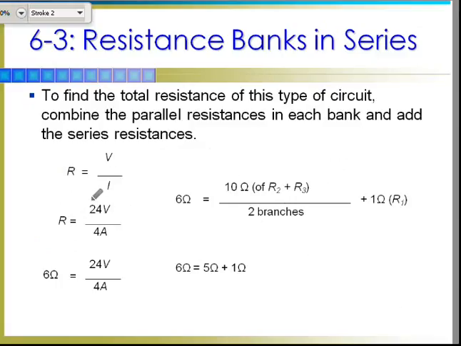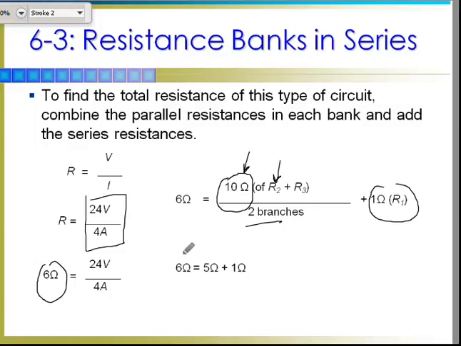They tell you 24 volts and 4 amps, you're going to have a total of 6 ohms. So your 2 branches equaling 10 ohms each over 2 branches plus 1 ohm for R1 equal a total of 6 ohms. And then of course we were able to break it down from there.